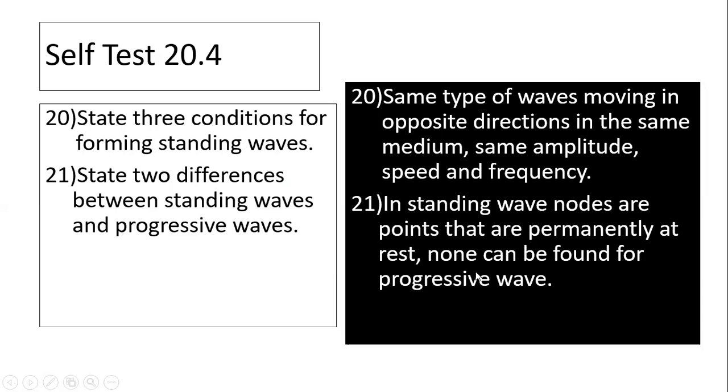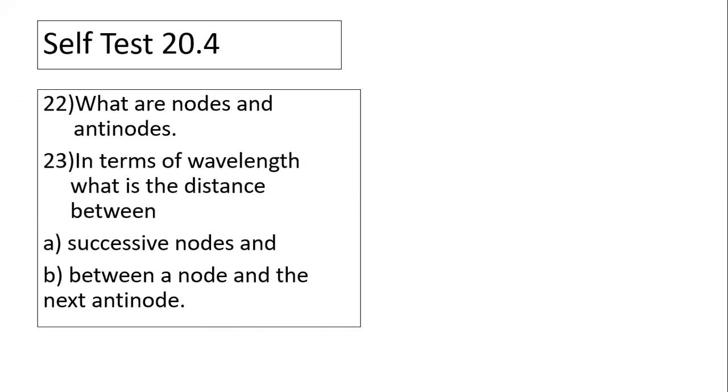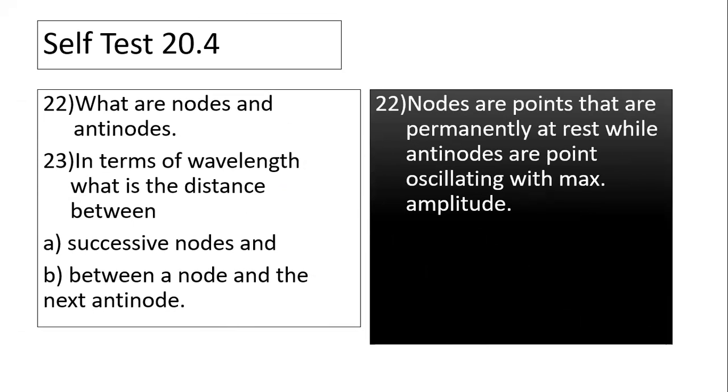Every point is oscillating. Okay, refer to your note for the other answer. Right? Nodes are points that are permanently at rest, while antinodes are points oscillating with maximum amplitude. In terms of wavelength, what is the distance between successive nodes? Right? Between a node and antinode, a quarter wavelength.